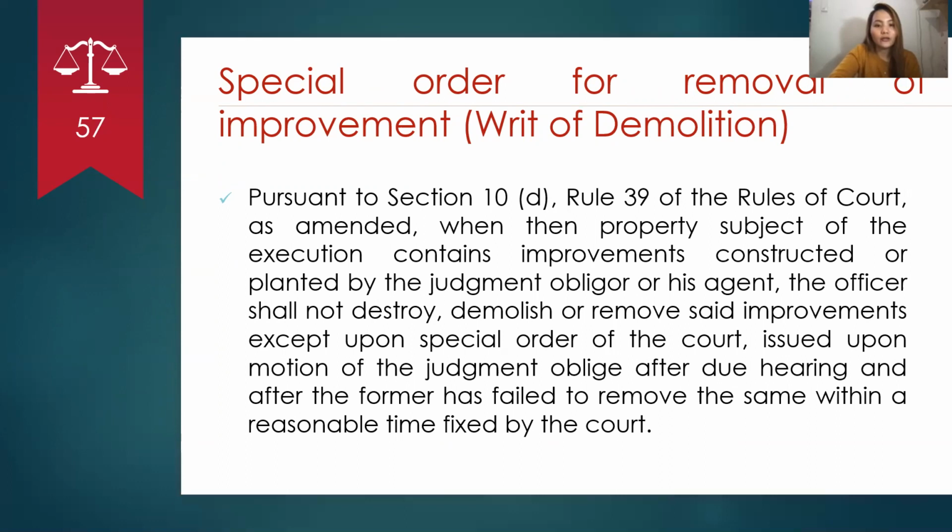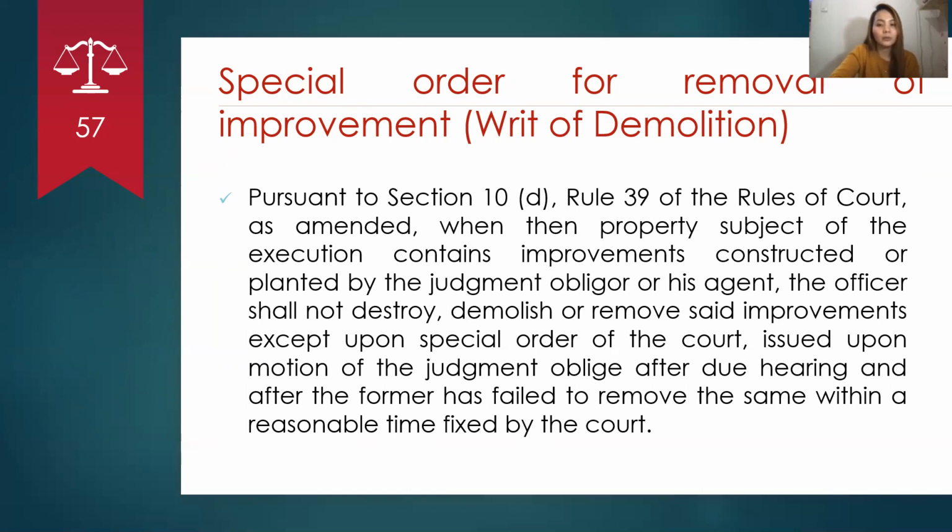A special order for removal of improvements is necessary. This can be done through a writ of demolition. Pursuant to Section 10, Paragraph D of Rule 39 of the Rules of Court, as amended, it explains that if to place the winning party in possession, the sheriff has to remove an improvement made by the defeated party, he cannot do so unless upon special order of the court issuing the execution.